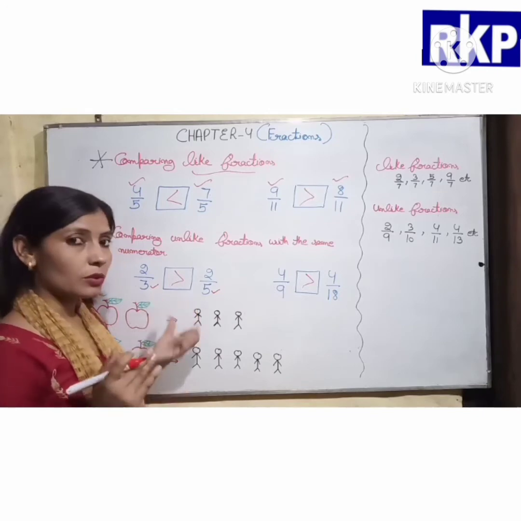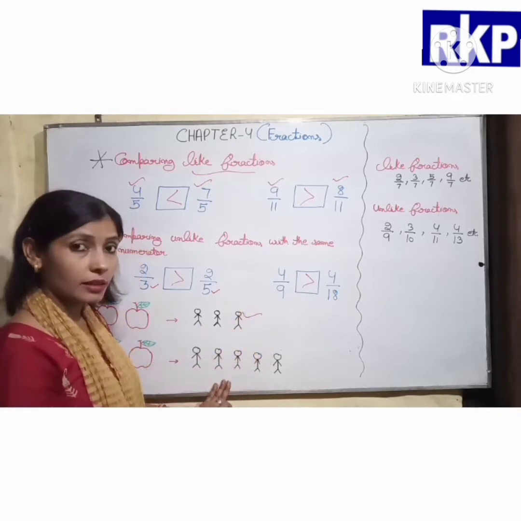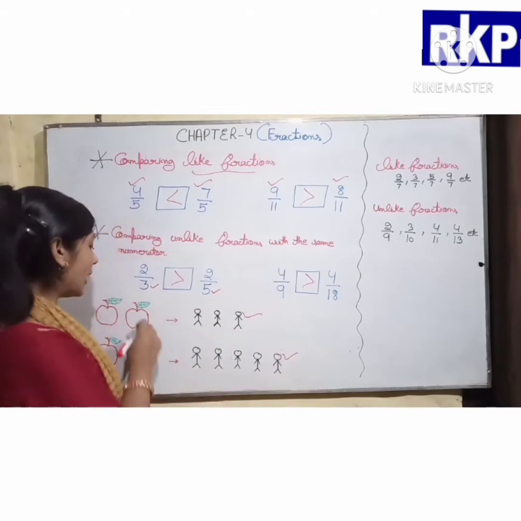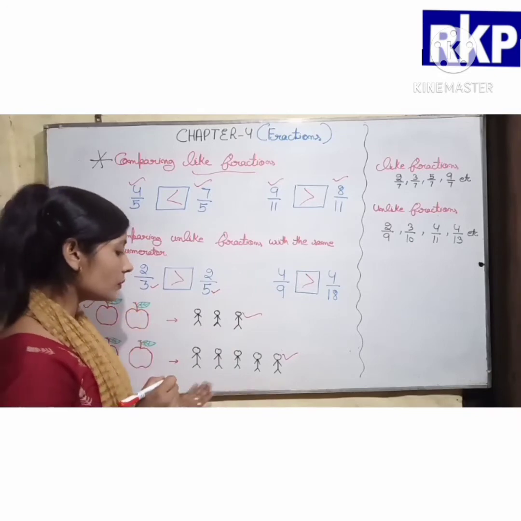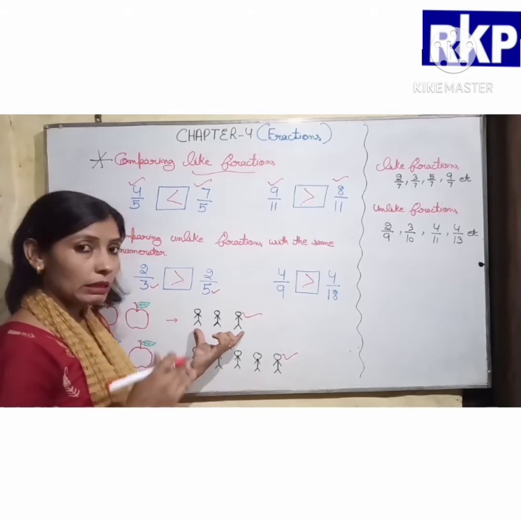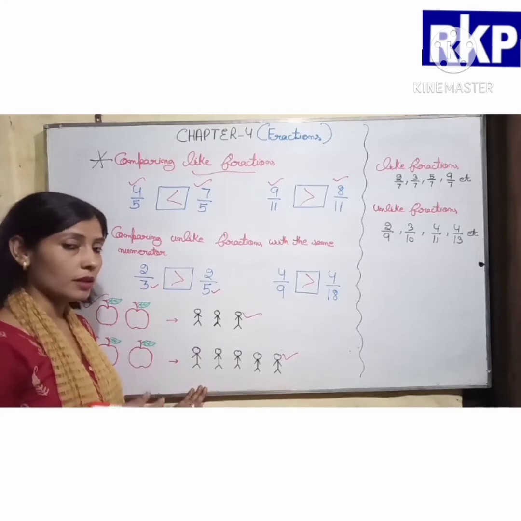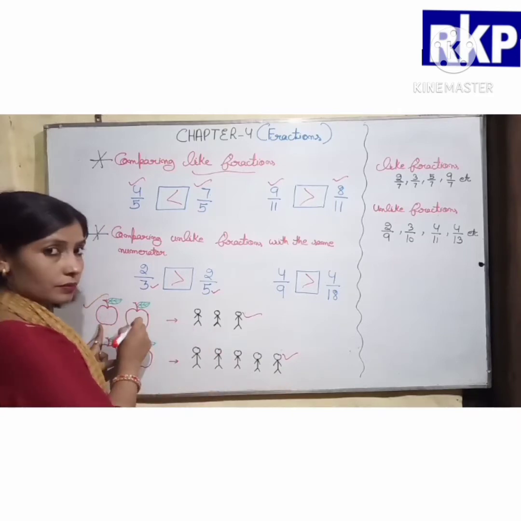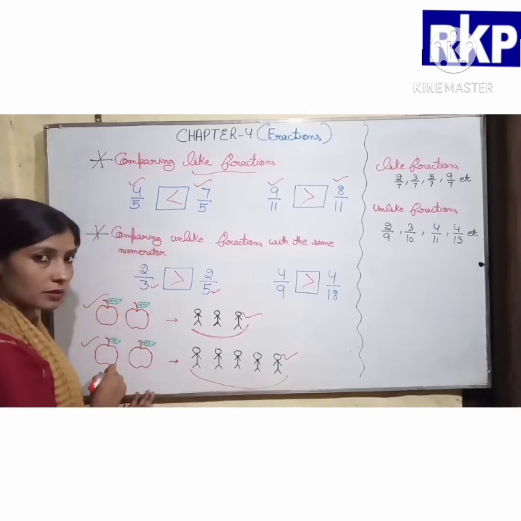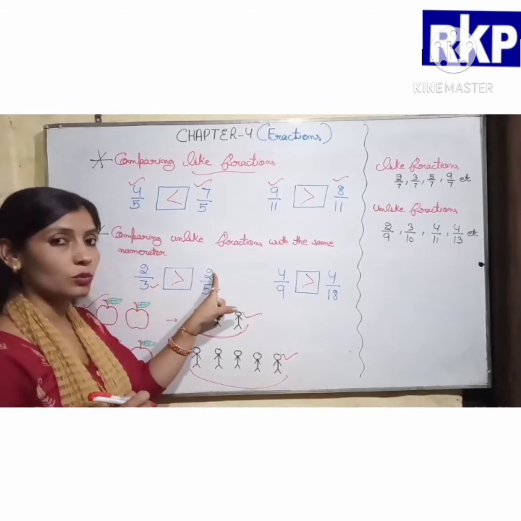Suppose we have two groups, and in the first group there are 3 students, and in the second group there are 5 students. And if we divide 2 apples among these 3 students, and if we also give 2 apples to these 5 students, then the share of each student will be greater in this group than in this group. Because in this group we are giving the apples to only 3 students, and in this group we are giving the same 2 apples to 5 students. So 2 by 3 is greater than 2 by 5.